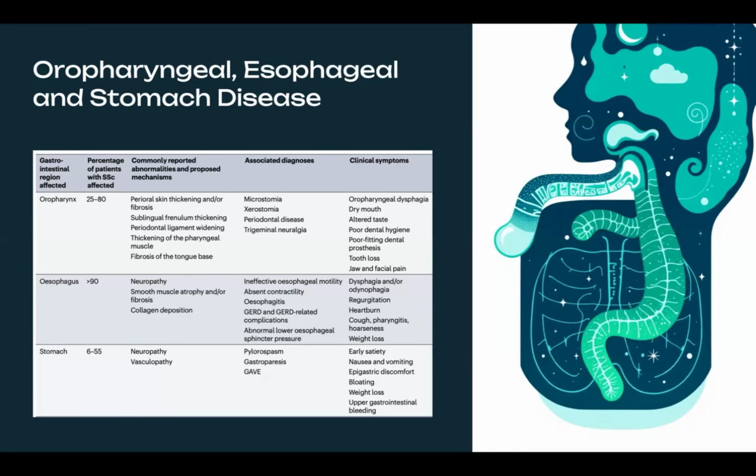So it is predominantly involving the lower 2/3 of the esophagus. The lower 2/3 has the esophageal muscle per se and the lower esophageal sphincter. So the motility problem can be due to the lower esophageal sphincter problems or due to the peristaltic abnormalities of the lower 2/3 of the esophagus.